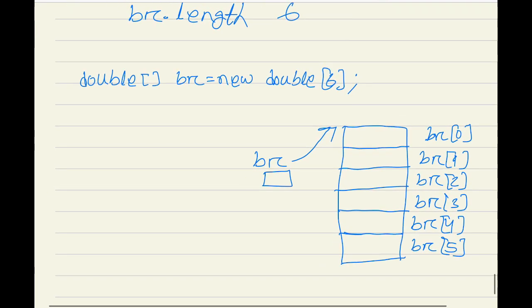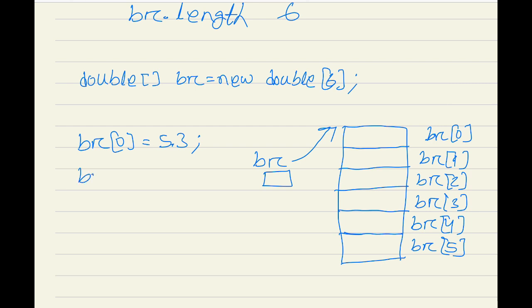Okay. Now we want to initialize this array. So how to initialize? You can write br of 0 equal to 5.3. Because this array is of type double, you can put real numbers. Then br of 1 equal to 7.5. Then br of 2 we can write 3.4.